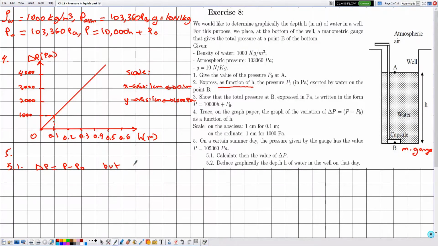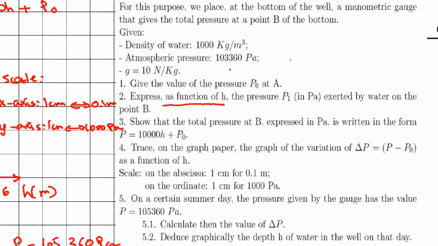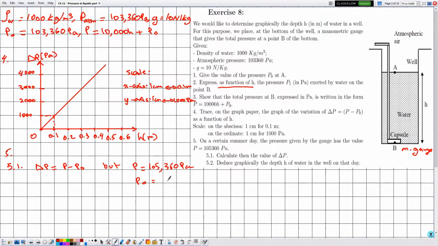Now the value of the total pressure P is given by 105,360 Pascal, whereas the value of P0 is constant and doesn't change, which represents the atmospheric pressure and given by 103,360.